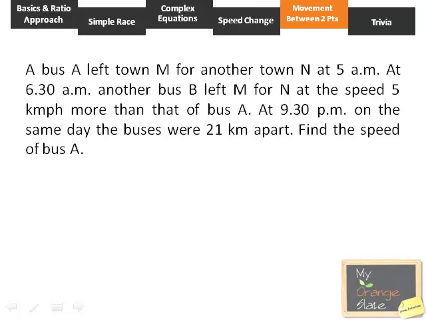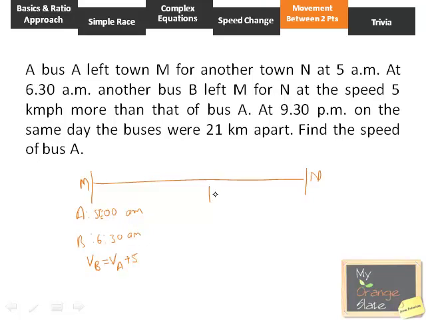Once again, if you visualize the movement of A and B from point M to point N, A starts at 5 am, B starts at 6:30 am at a speed 5 km more than that of bus A. At 9:30 pm, the buses are 21 kilometers apart.